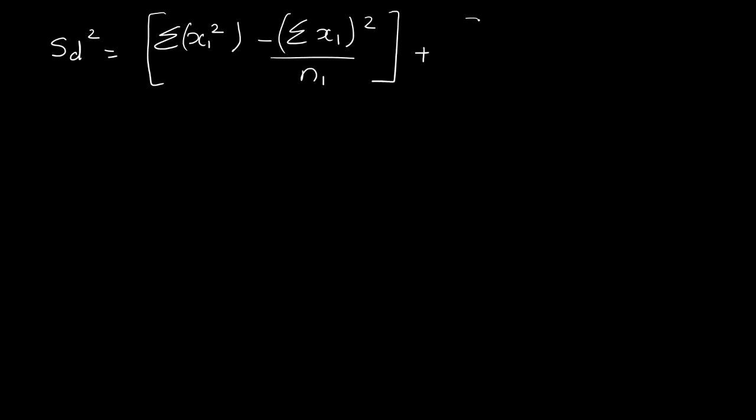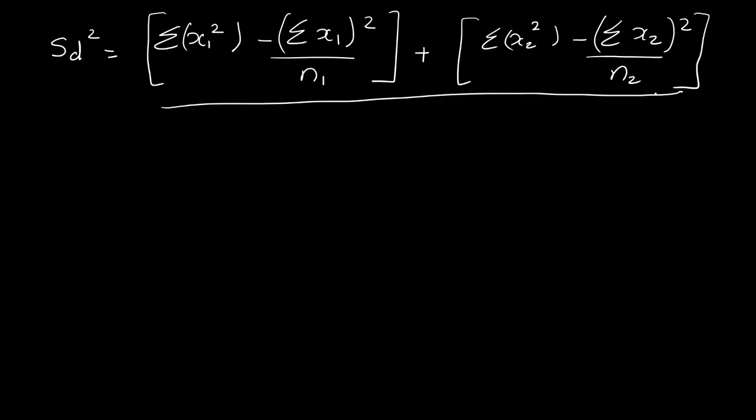Now once you have got these values, it is easier to calculate SD square. SD square is given by summation x1 square minus summation x1 the whole square upon n1, plus summation x2 square minus summation x2 the whole square upon n2, divided by the degrees of freedom, that is n1 plus n2 minus 2.